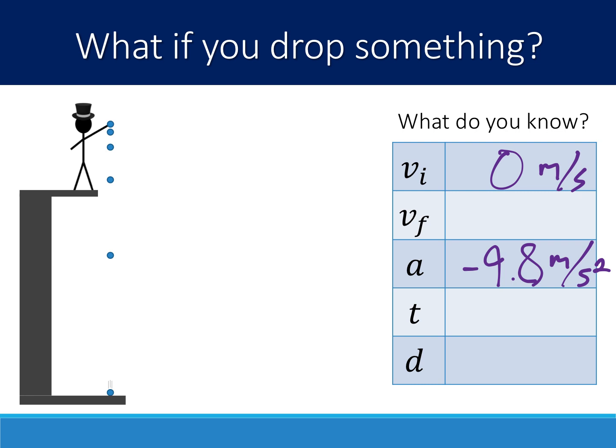In these examples, I'm just going to talk about setting up the problem, and these are similar to problems that you'll be going over. If you drop something, know in that setup that the initial velocity is 0. You might be asked to solve for final velocity, you might be asked to solve for time, or how far did it fall. All those things you can do from this initial setup using the other kinematic equations and at least one other variable that the problem would give you.